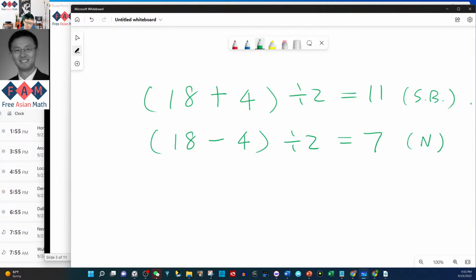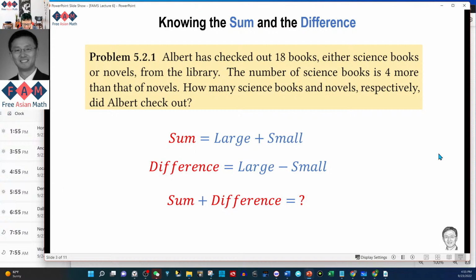In reality, the problem can gradually become a little bit more interesting or more complicated. So let's take a look at another example. In general, we're still following this kind of analysis. What is the sum plus difference and what is the sum subtracting the difference?